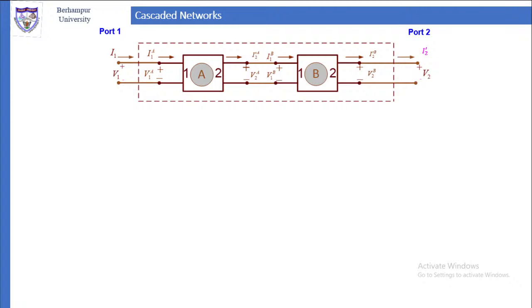Now if you look at this, you can see the output of network A is equal to the input of network B, which means I2A is equal to I1B and V2A is equal to V1B.